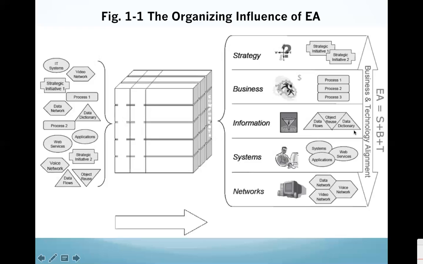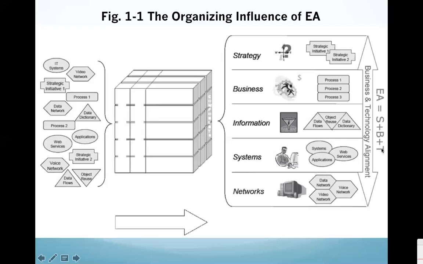So we can look at this as business technology alignment. These top 2 layers have to do with business. The bottom 3 layers traditionally we think of as technology. And over here we see EA equals strategy plus business plus technology.